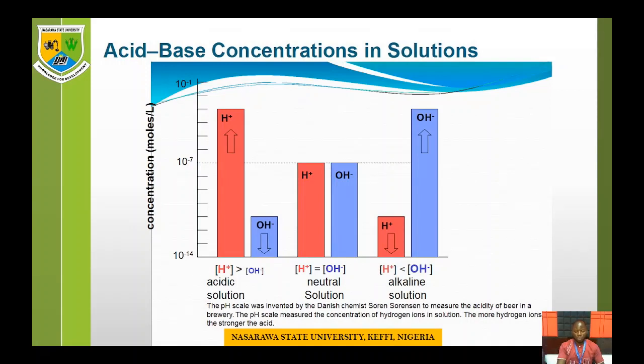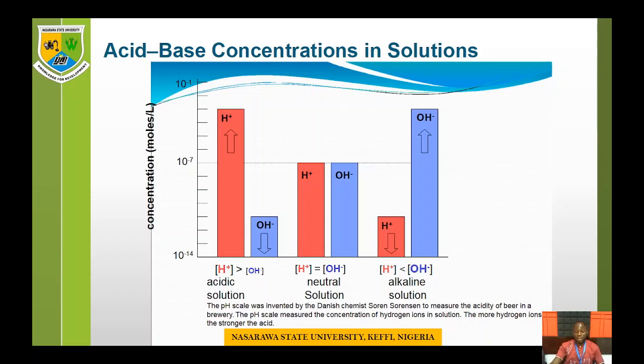Also, to further explain this concept of acid and base using indicators, there is a bar chart here that I'm looking at. At the extreme left of the chart there is an increased hydrogen ion and a decreased hydroxy ion, which shows that the solution is acidic.